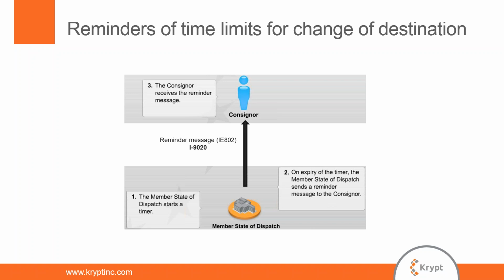And if no action has been taken by the consignor upon the expiry of that timer, then the member state of dispatch sends a reminder message, which is IE802, as you can see on the screen. And on receipt of the reminder message, the consignor is expected to respond as soon as possible with any of these messages, like change of destination or cancellation.